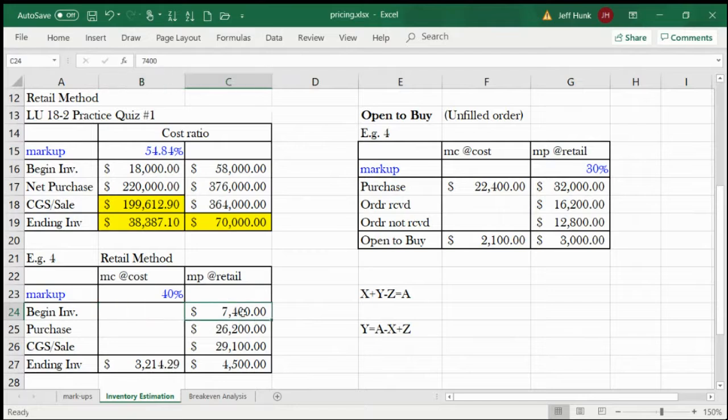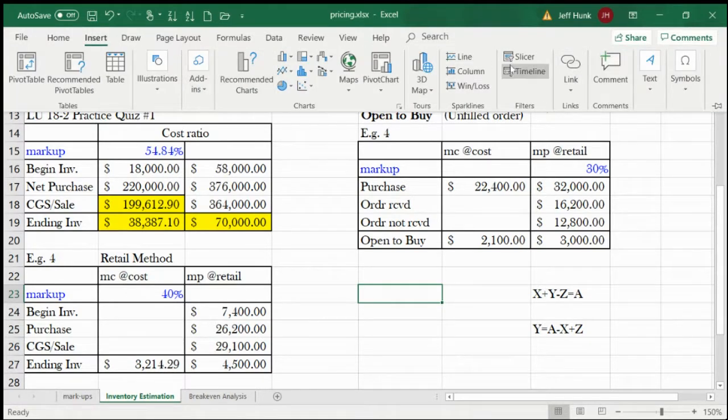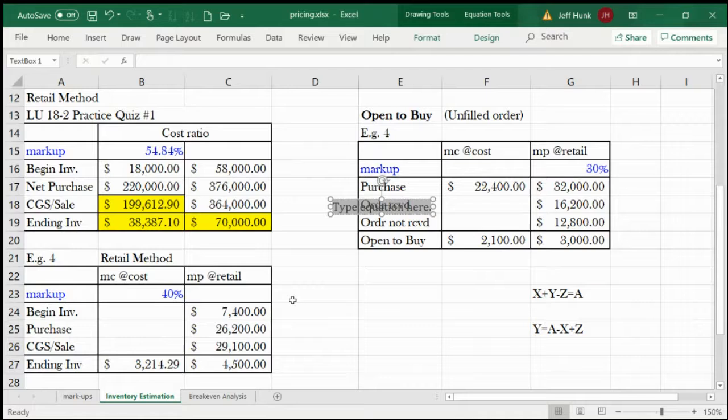Okay, so now think about it. If the markup is given, and the markup rate is based on cost, let me insert an equation. So remember, price is what?